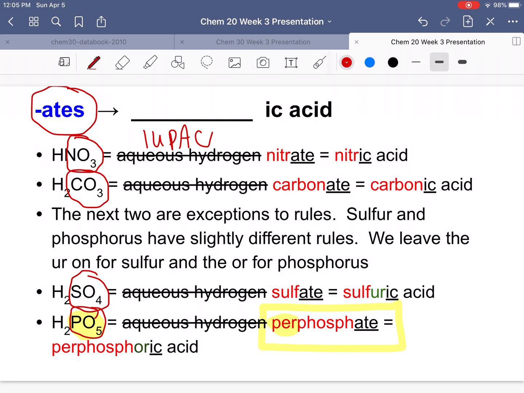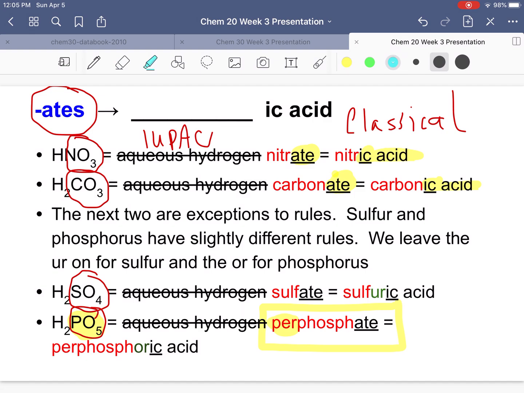If we have an ate as the ending on the anion, you no longer write the hydro when you do the classical naming. It's gone. Instead, we leave it off, and it's nice and simple. That ate ending gets replaced with ic acid. So it is not aqueous hydrogen nitrate, it is simply nitric acid. Look at the carbonate. We take off the ate, put on ic acid, carbonic acid.